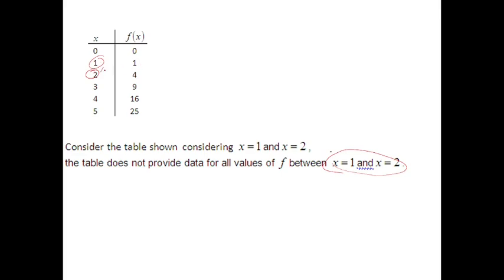So let's say 1.5 for x, or 1.75, or 3, or 2, etc. It does not provide data for all values of f between x equals 1 and x equals 2. So that's where interpolation formulas come in, so we can know the approximated value of the function. Because the actual function, we can't really know unless you did the experiment.